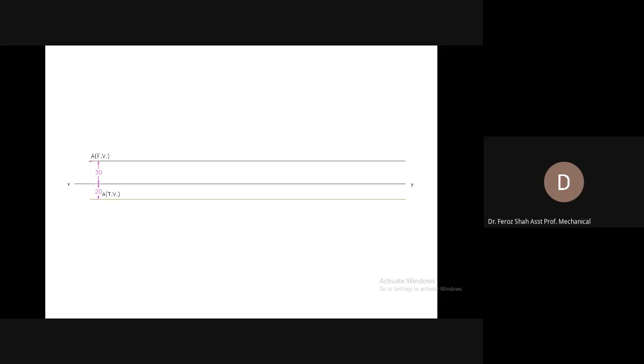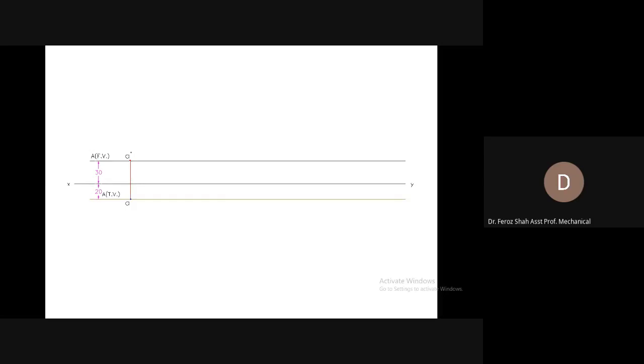Now for that you have drawn locus lines parallel to the XY reference line. A may be placed anywhere on this line for the front view of end A, and the top view of end A would also be in alignment to the front view, but would come on this locus line.